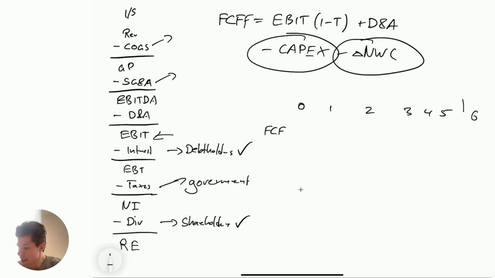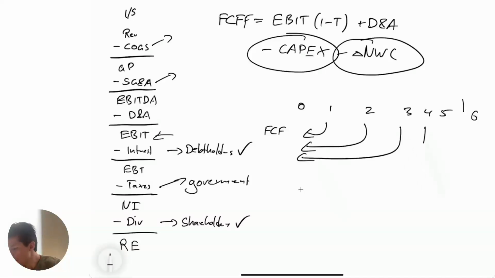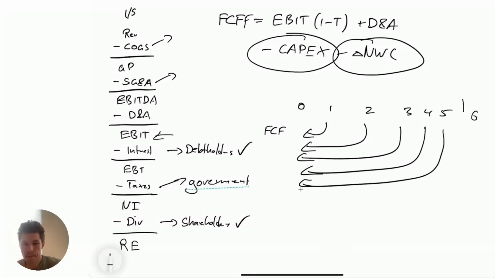What you then do is calculate your free cash flow in every single year, and then you discount it. Your discount factor is usually your weighted average cost of capital, which we will discuss later.